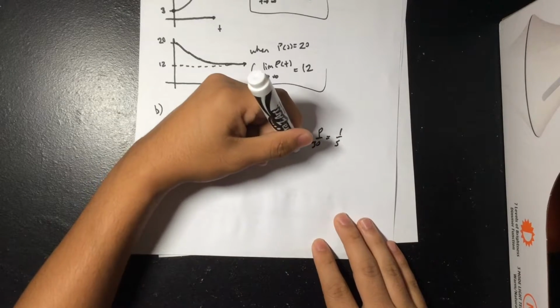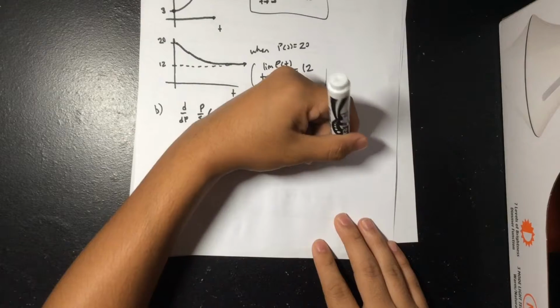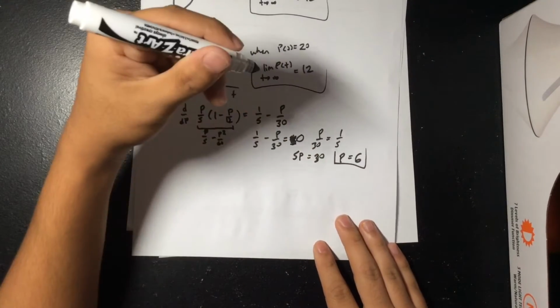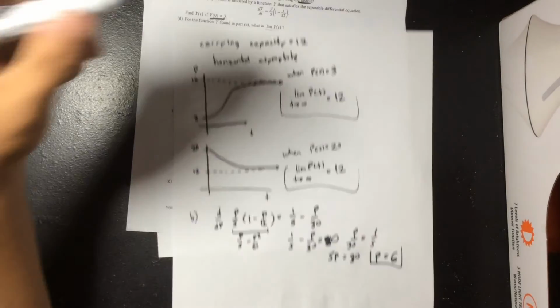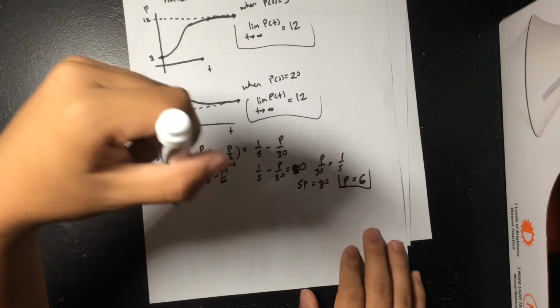Cross multiply. 5p is equal to 30. And p is equal to 6. So our population is growing the fastest when p is equal to 6.